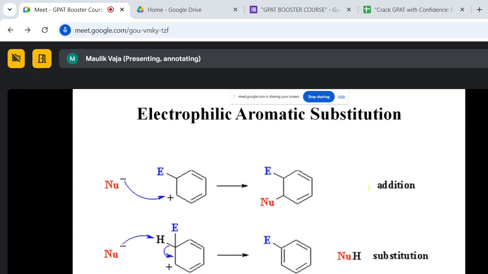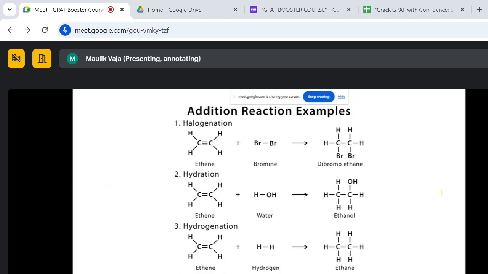Benzene is cyclohexatriene and it should undergo addition reaction. Just take the example of bromine: benzene plus bromine.